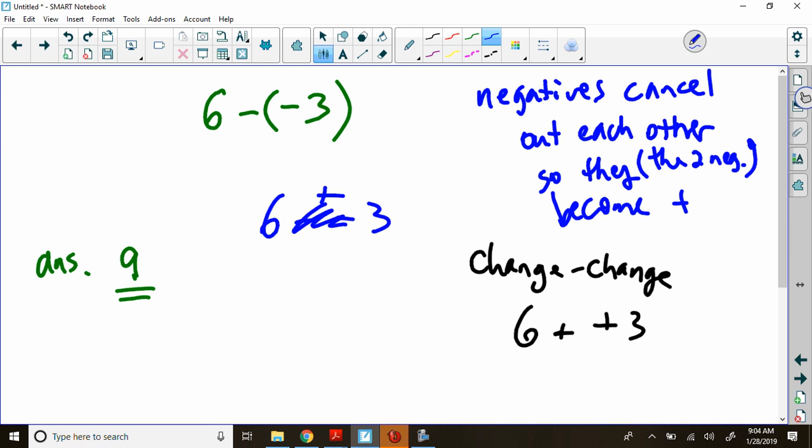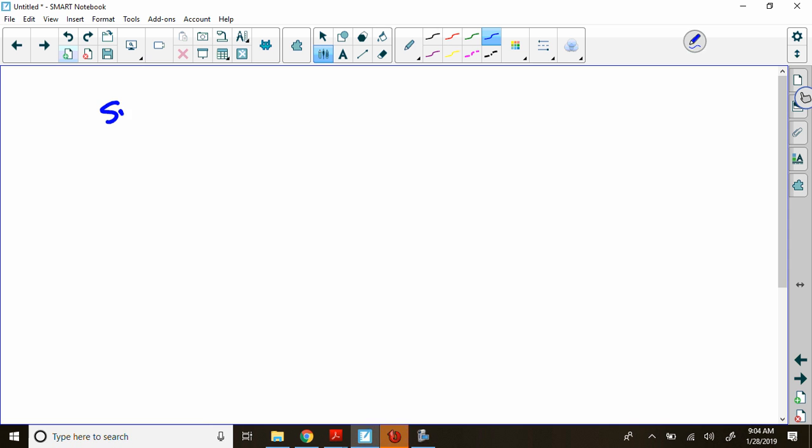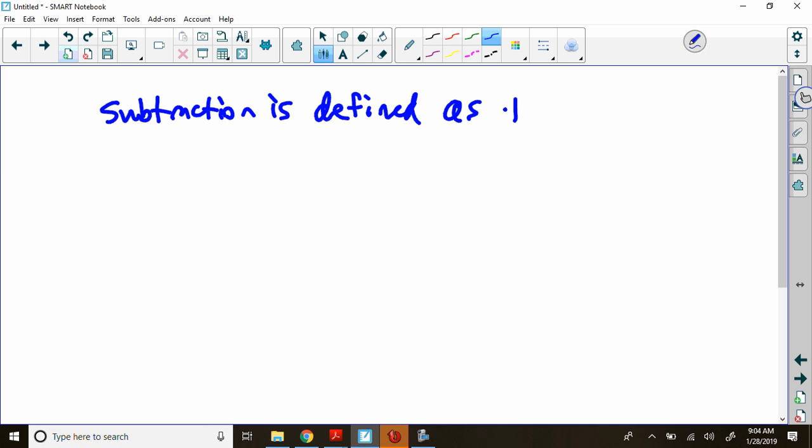In math class, there's a reason we define things the way we do. In math class, subtraction is defined the following way. It's defined as the addition of the opposite.